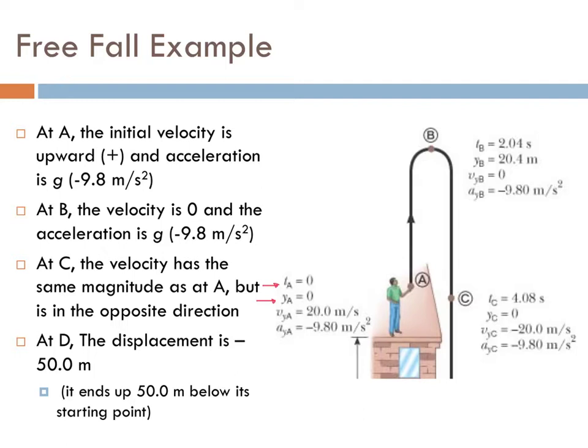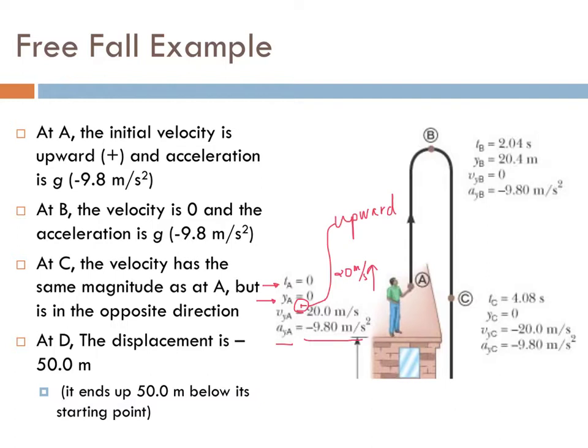That means I've given it an initial velocity upward of 20 meters per second. The fact that it's positive here tells us that we're moving upward. Also, at this point, like at all points, our acceleration due to gravity will always be negative 9.8.